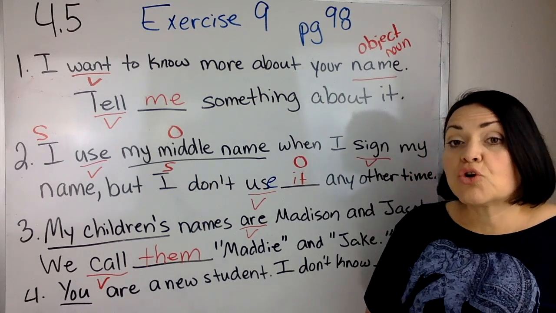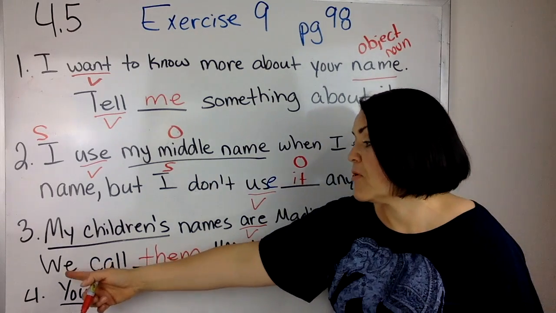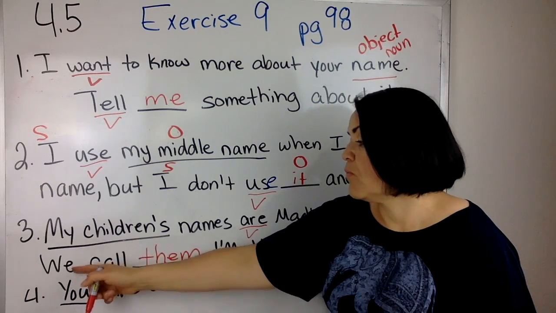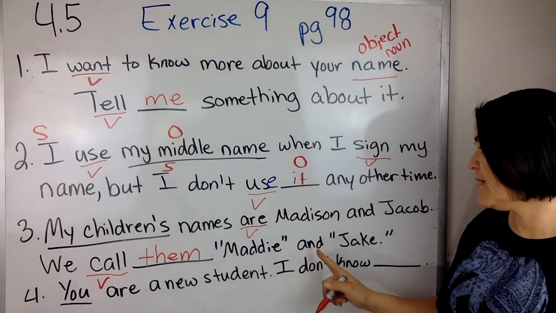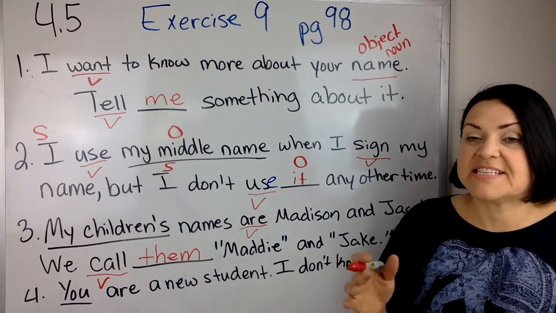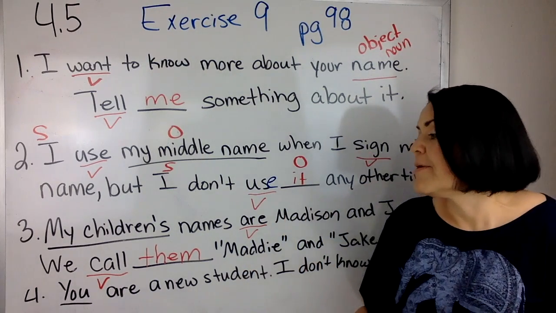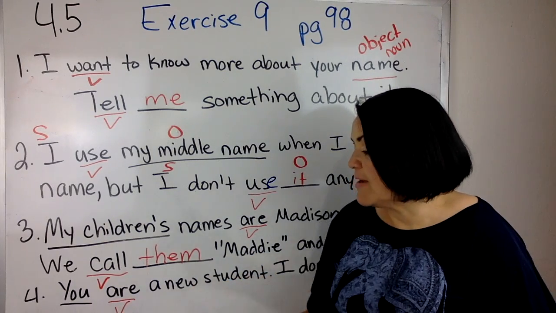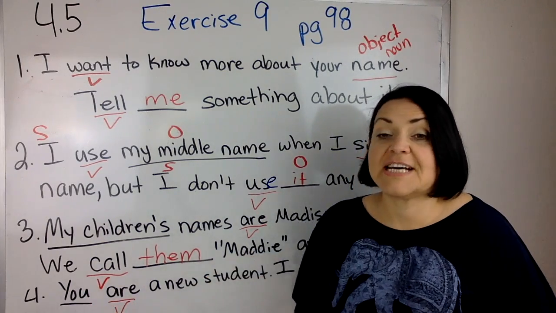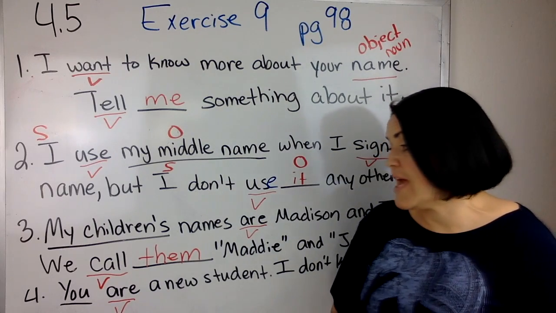Okay? You could write the sentence, we call my children, Maddie and Jake, but it just makes the sentence very long.